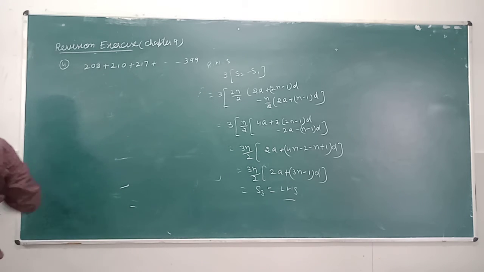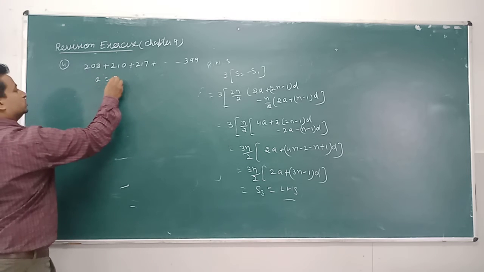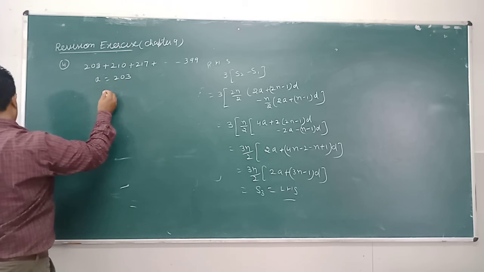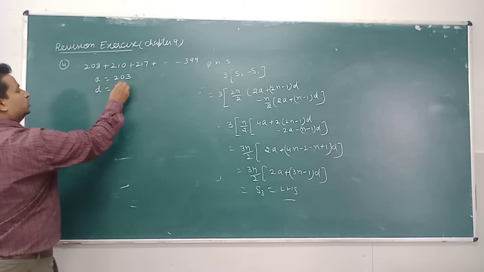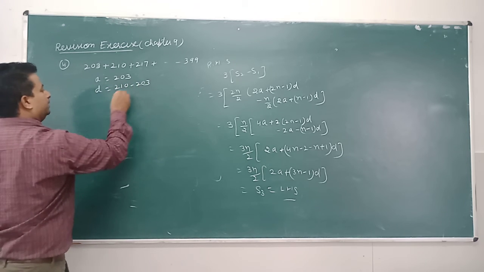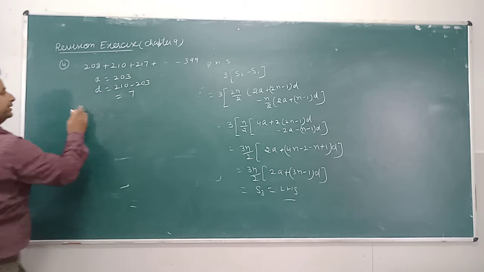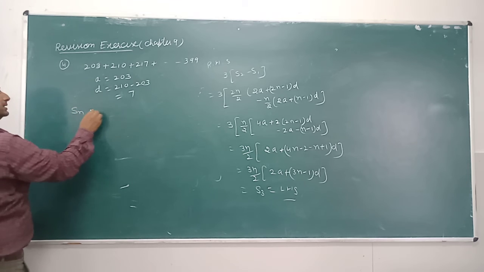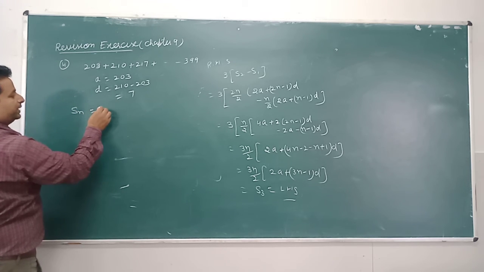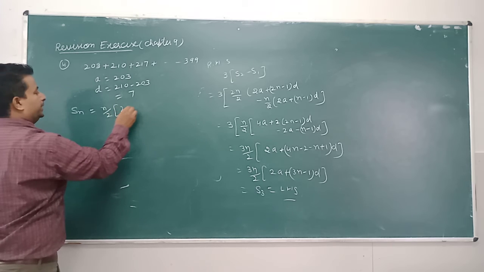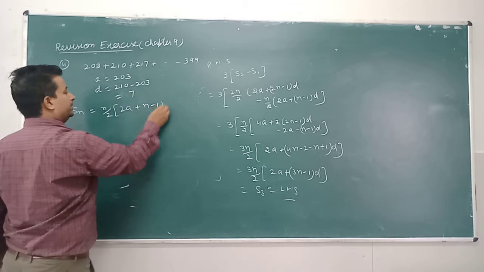So in this AP, the first term is 203, and we are required to find the sum, and d is 210 minus 203, which is 7. So sum is Sn, which is n upon 2, 2a plus n minus 1 into d.